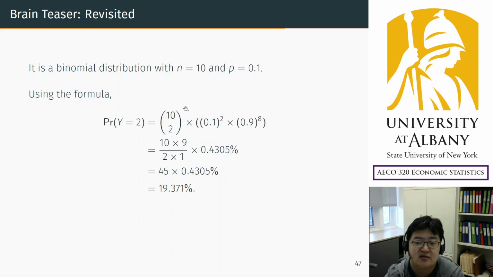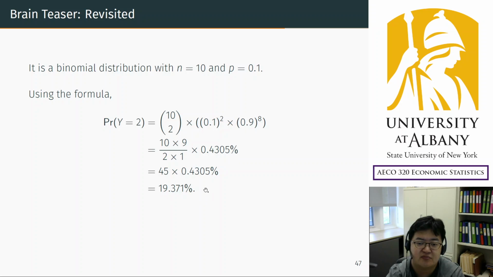So first part, the number of possible outcomes, 10 choose 2. 10 choose 2 becomes this. And the second part, probability of a single outcome, success happens twice, failure happens 8 times. So this part is easier. So it becomes this.